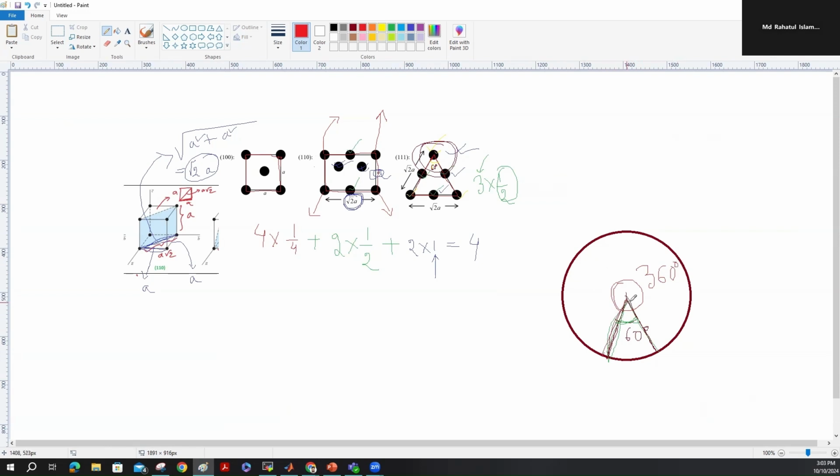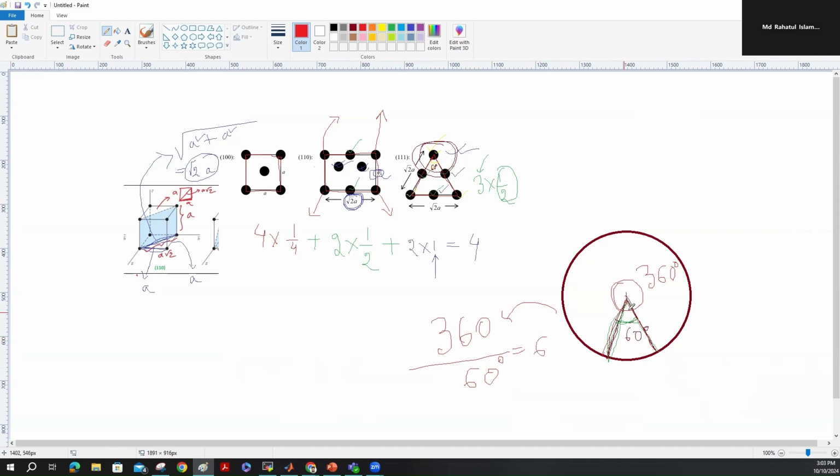So how much is this portion of the whole circle? You can get that by simply dividing 360 degrees by 60 degrees. So you will get 6.